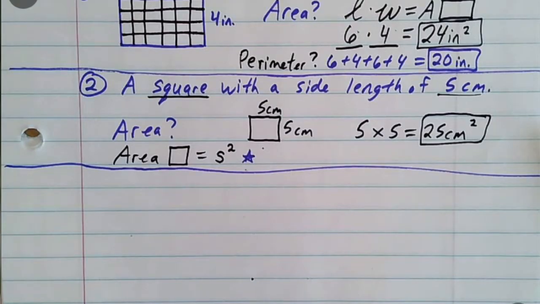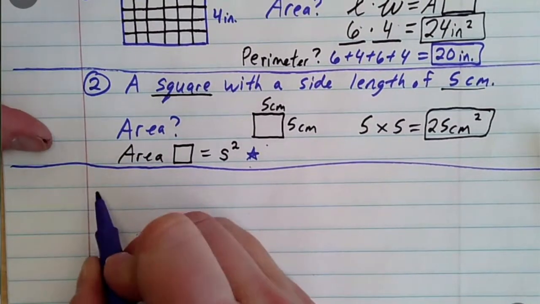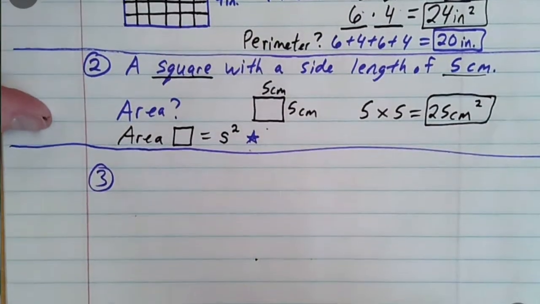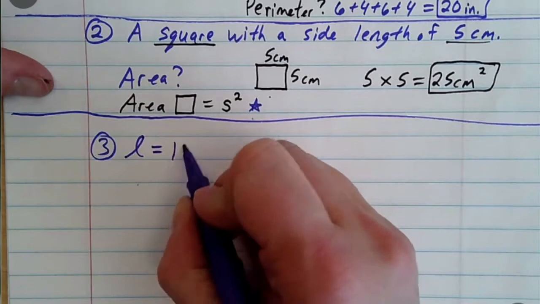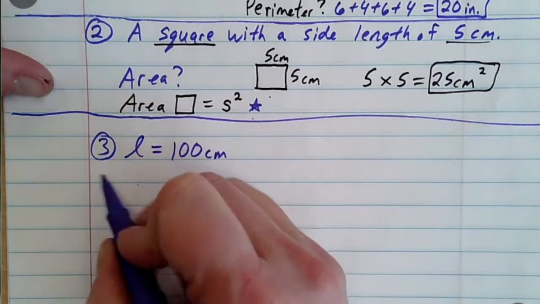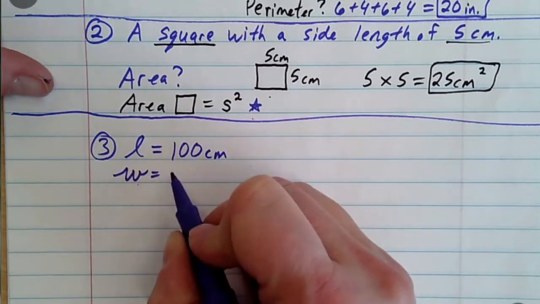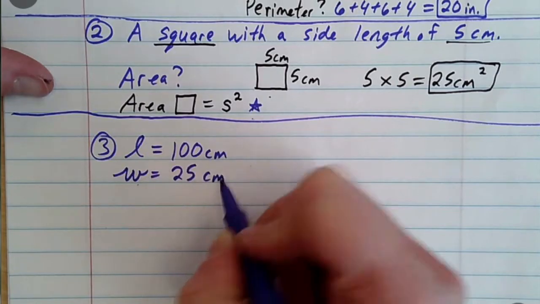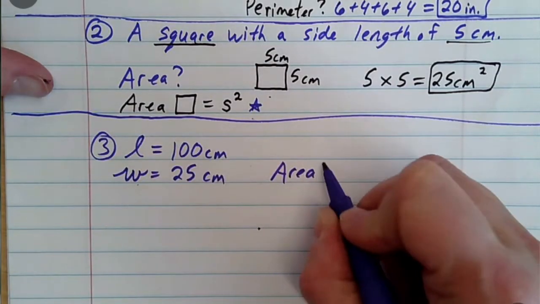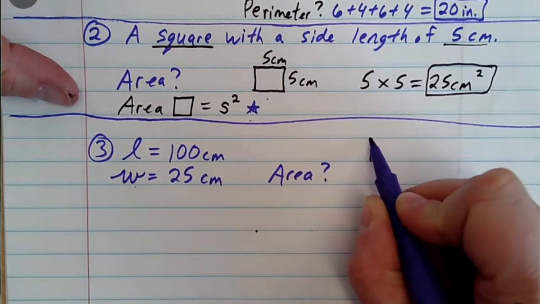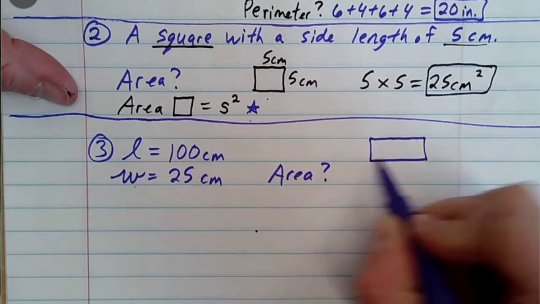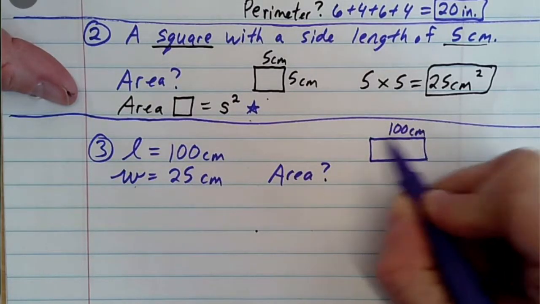Then another example I want to do here, I'm not going to give you a picture. I'm going to give you the length is 100 centimeters. The width is 25 centimeters. And I'm going to say, what is the area? And you say, well, what shape is that? How do I draw it? Well, if you start to draw length and width, you're going to notice this is a rectangle. Length is normally the longer side.